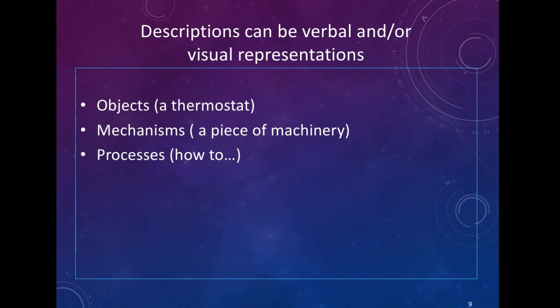I can say use screw S61A, which I have given you the name of the screw, or I can have a picture that is to scale of the screw and say use the screw that's this size. That's a lot easier and more specific for you.